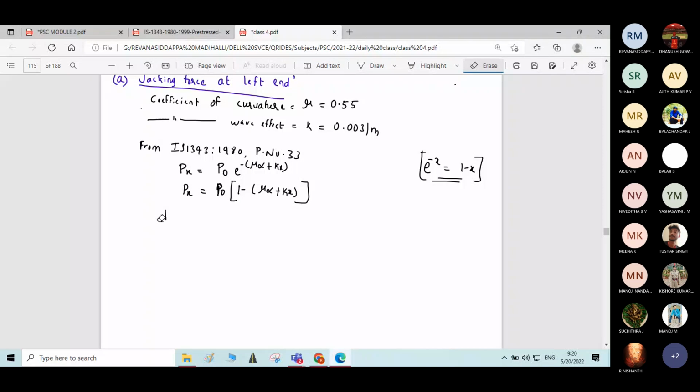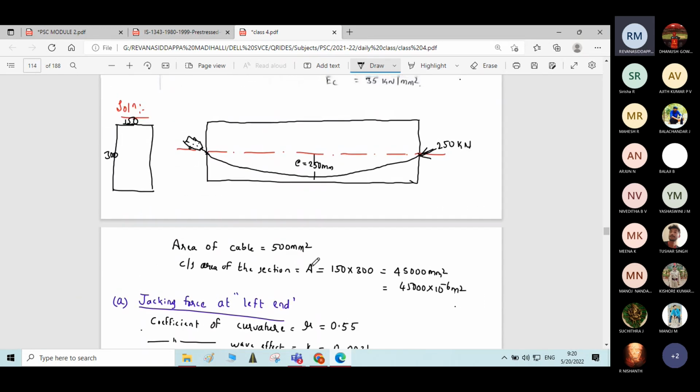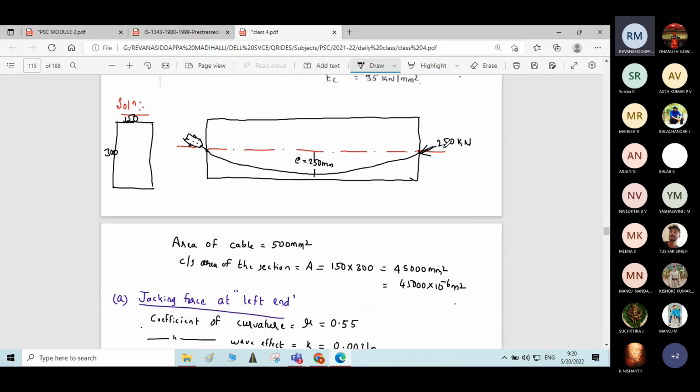The pre-stressing force at the right end is given. How much is it given? 250 kilonewton is given as the pre-stressing force at the right end.